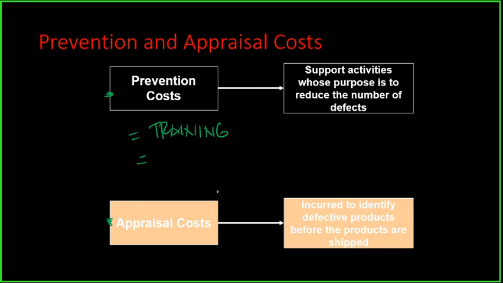Like, how do you identify defective products before they are shipped? For example, with a cellphone, you have the twist test. You have the drop test. What else? You have your scratch test.